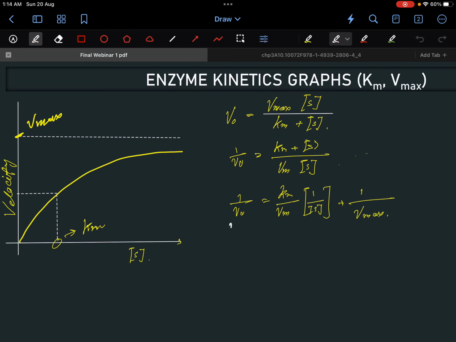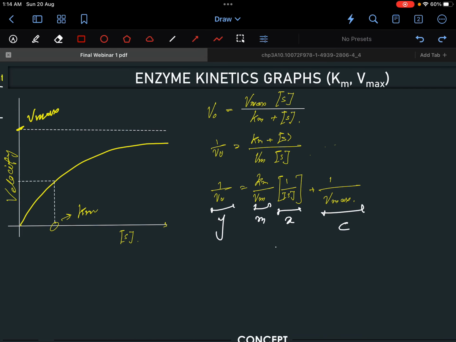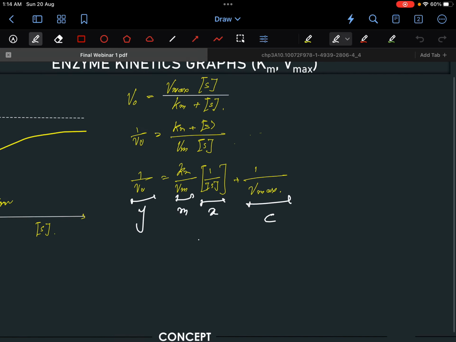So if this is our y, this is our m, this is our x, this will be our c. Now we got the equation y equal to mx plus c, right?